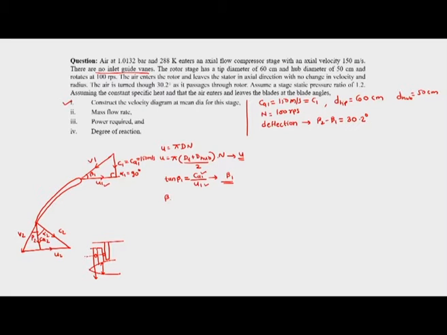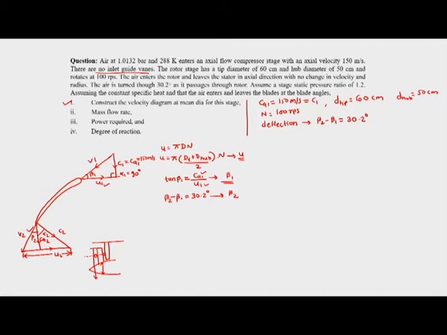But we are told that beta 2 minus beta 1, which is the deflection of the flow, is 30.2 degree. So we get beta 2 also from this formula. So beta 2 is known to us now. This is U2 here, and we now know beta 2.